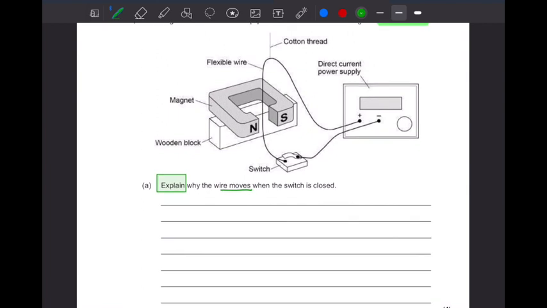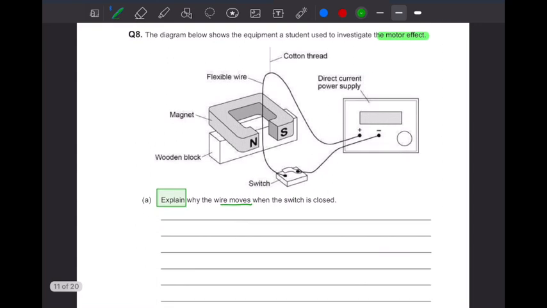So we're going to start out by having a look at the diagram, and in this case we've got a switch. Now a switch is all about opening and closing the circuit. So if we close the switch, we close the circuit, and therefore the current can start to flow.